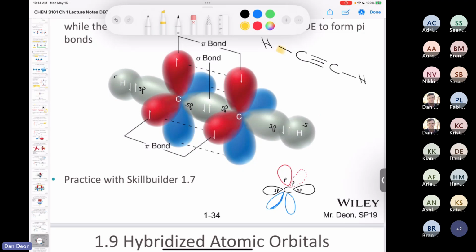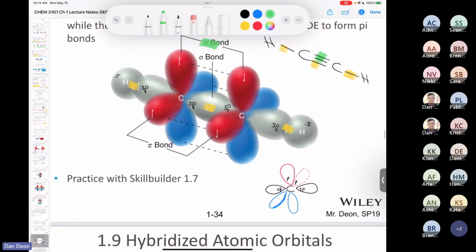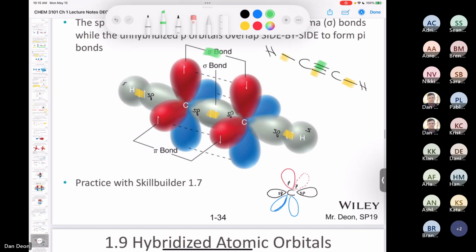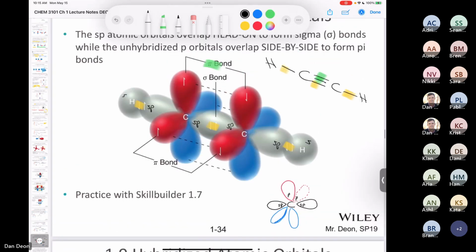So these are the 1, 2, 3 sigma bonds. And then you have 2 pi bonds, 1, 2. Those are shown by the overlap here between these 2, this one and this one. And then you have this one in the front and this one in the back. So there you go. That's the orbital overlap diagram for something with a triple bond.